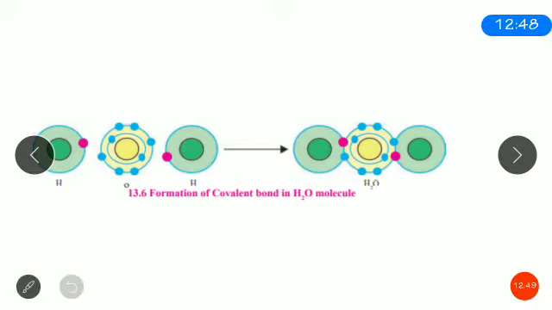For example, now see, you have an oxygen atom, so 2 in the K shell, and 6 electrons are present in the outermost shell.